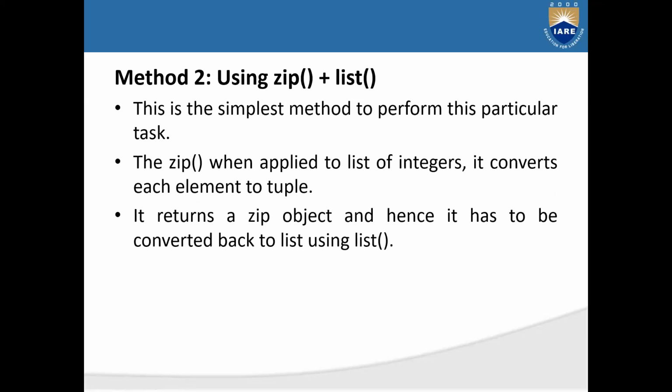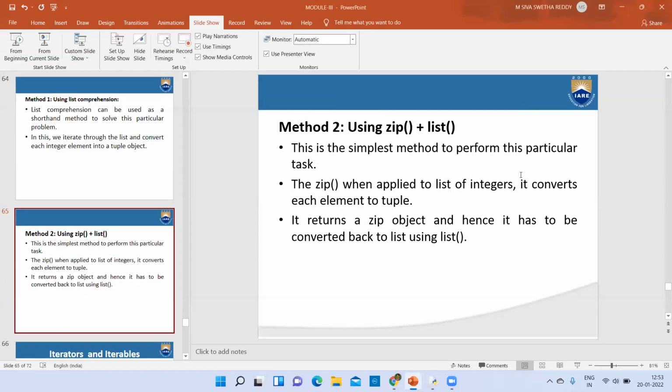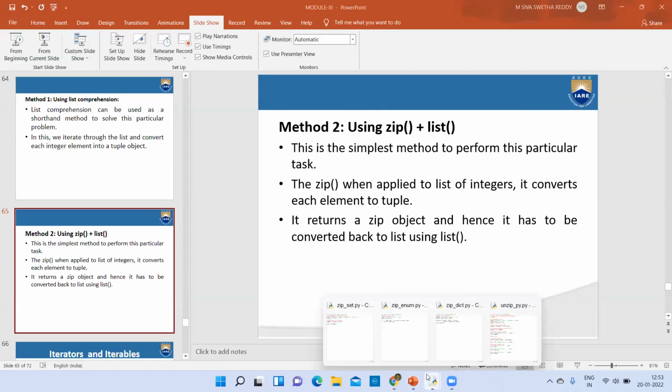The zip, when applied to that particular list of integers, converts each element into a tuple and returns a zip object, and that can be converted back into a list using the list method. I'll show the example for both so that you can have a better understanding about it.